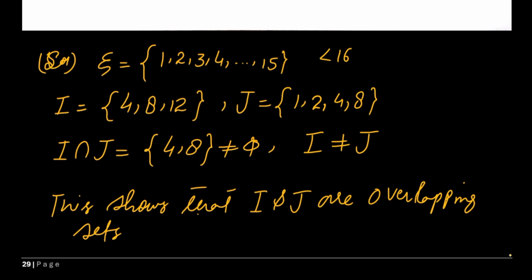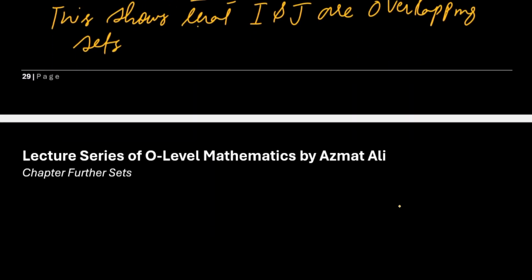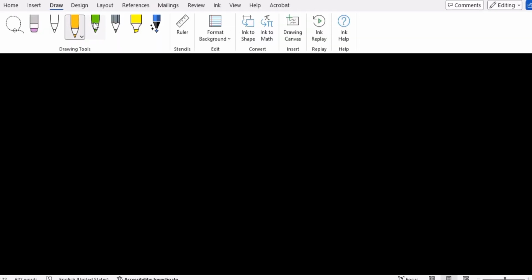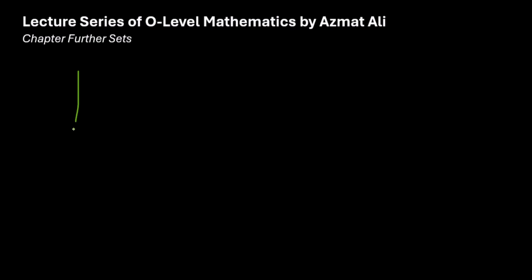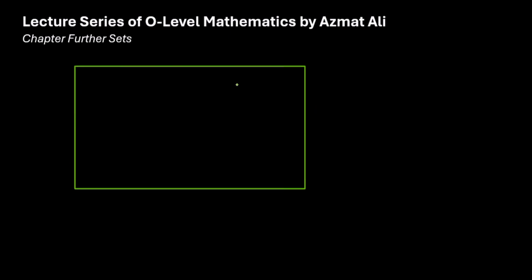This is the compulsory part to find whether sets are overlapping, disjoint, or one set is a subset of the other. Then on the basis of these three cases, we can draw the Venn diagram very easily. So to draw the Venn diagram, firstly we draw a rectangle. This rectangle shows the universal set, so this is my universal set xi.